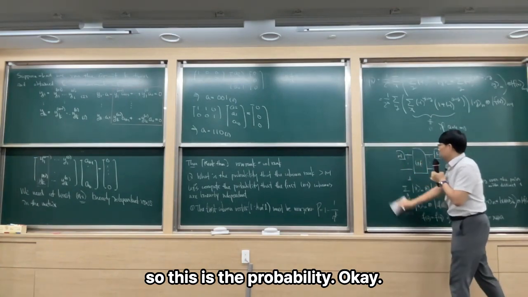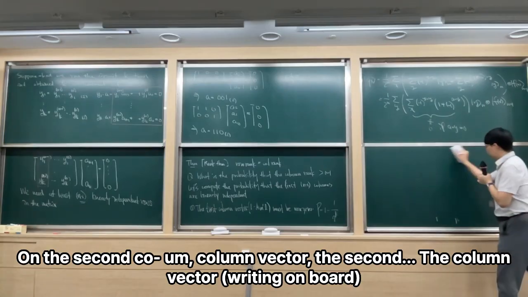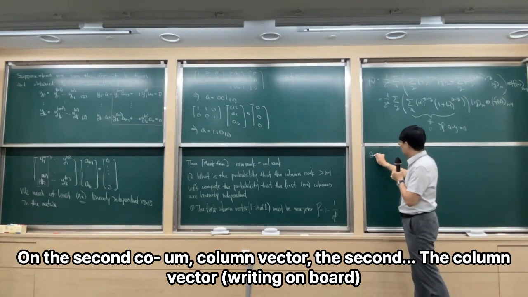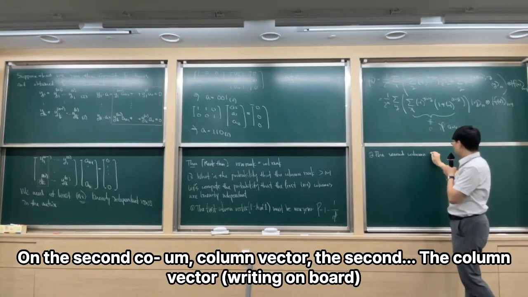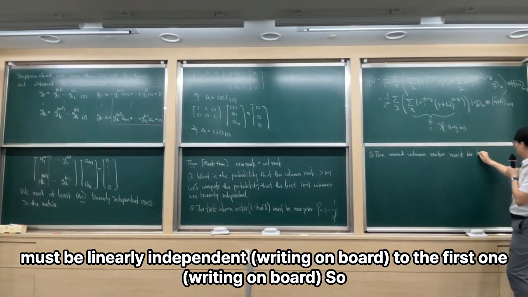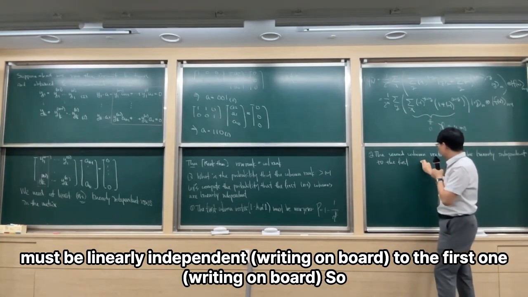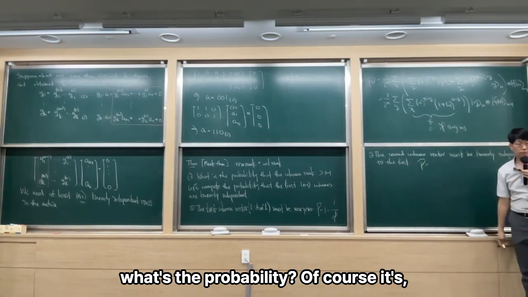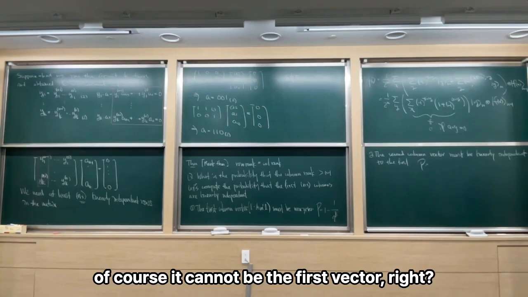Now, let's go to the second column vector. It must be linearly independent to the first one. So what's the probability? Of course, it cannot be the zero vector, and it cannot be the first vector, right?